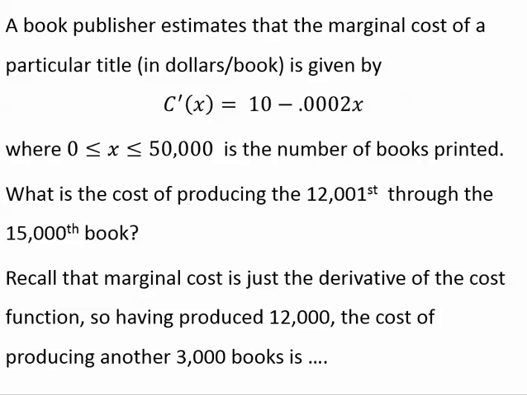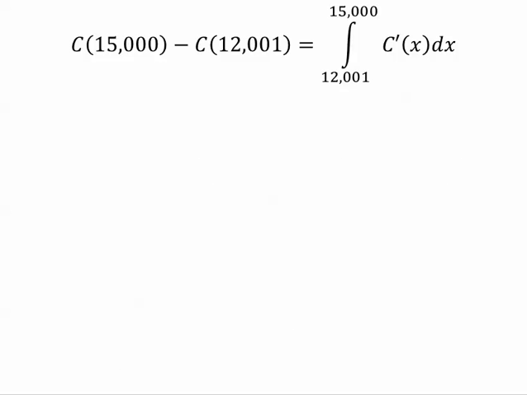Recall that marginal cost is just the derivative of the cost function. So having produced 12,000, the cost of producing another 3,000 is just the integral of the marginal cost function from 12,001 up to 15,000.